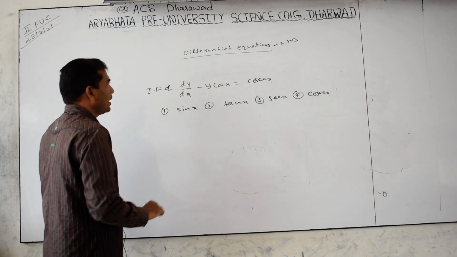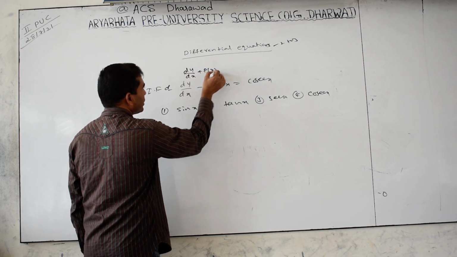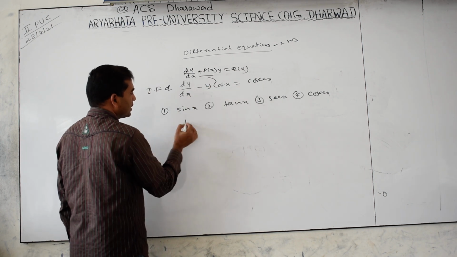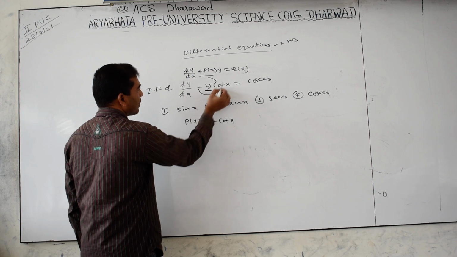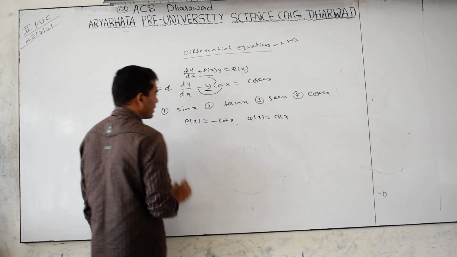IF, which is in the form of dy by dx plus p of x into y equals q of x. Tell me what the p of x is? p of x equals minus cot x, the coefficient of y, and q of x equals cosec x.